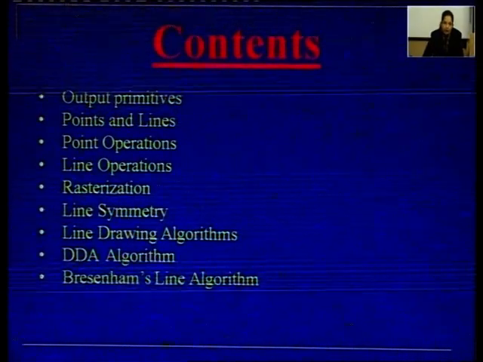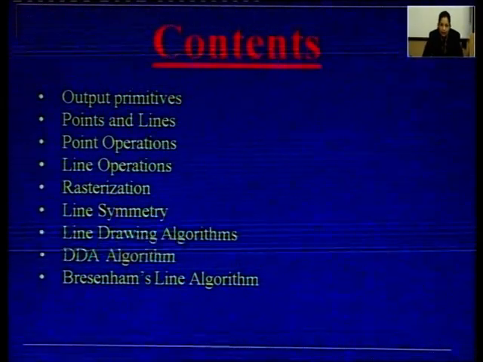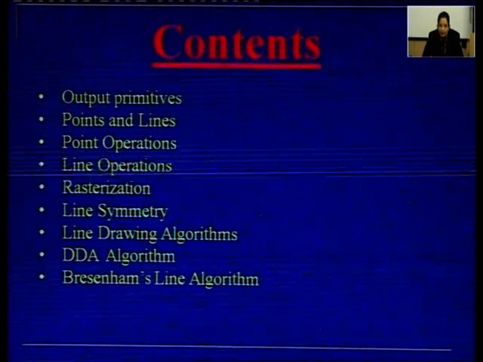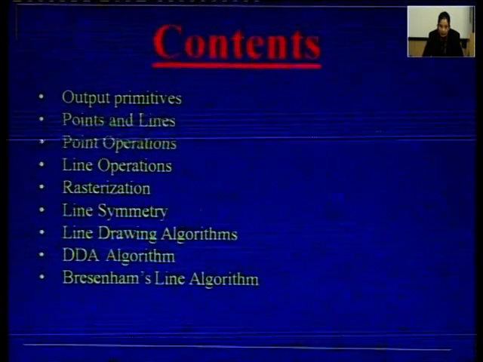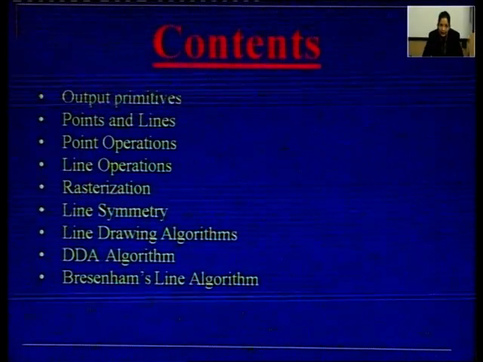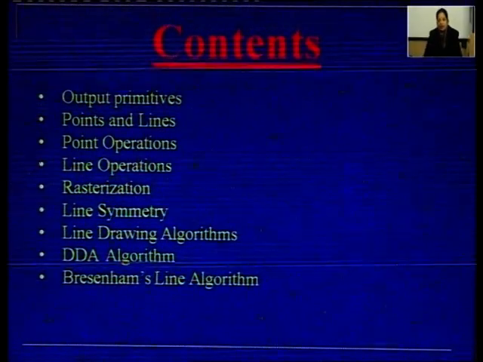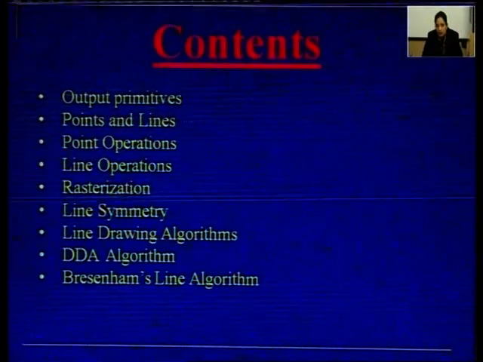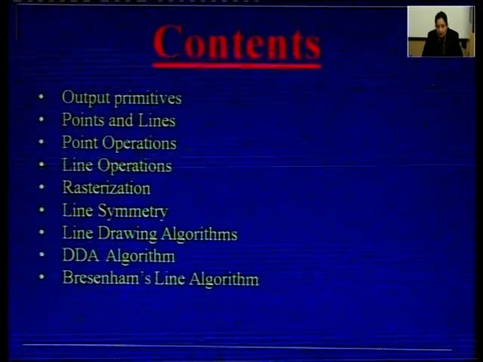To improve the performance of line drawing, there are two other algorithms. One is DDA, the digital differential analyzer algorithm. The differential analyzer is a kind of physical machine which is used to calculate differential equations.